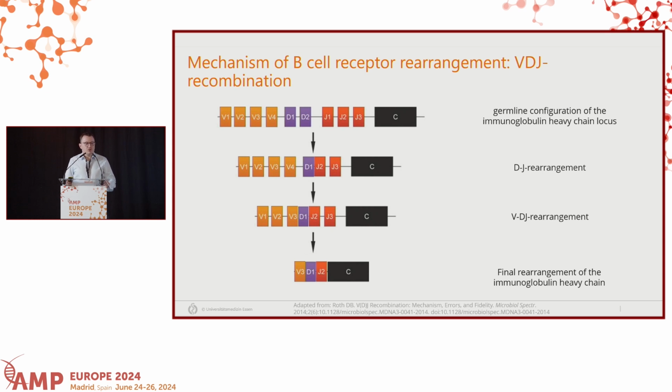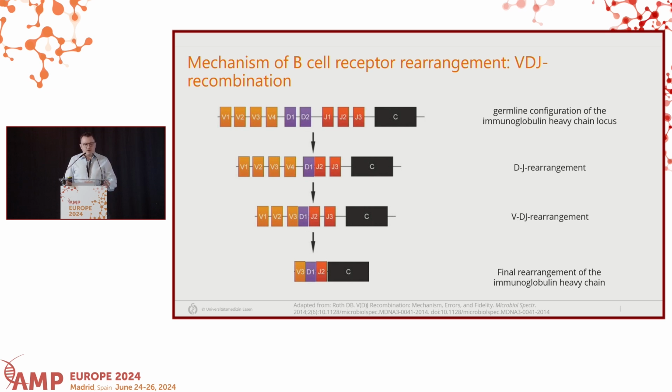First, a short introduction. So maybe you are aware, but anyway, what is characteristic for a B cell is its unique B cell receptor, which is generated in the B cell development in the bone marrow. And the B cell receptor is produced in a process which is called VDJ recombination.